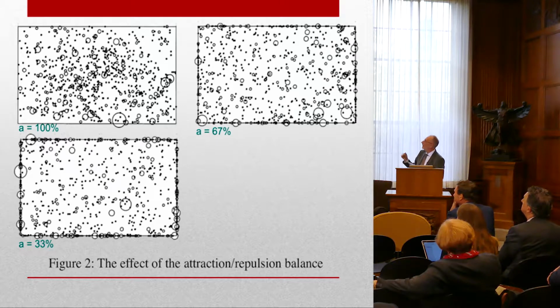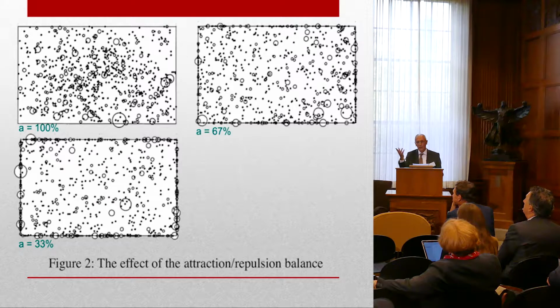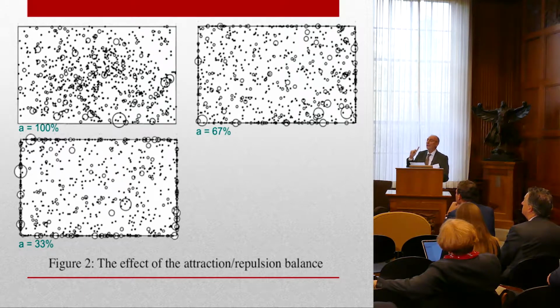Second image. We keep the same given interdependence effect, and we introduce repulsive forces. The effect is not clear in terms of polarization, but the effect is clear in terms of the location of polarization.